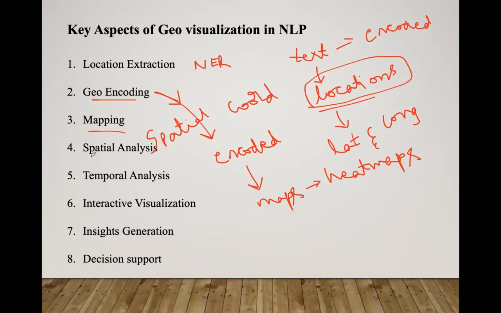Next, the fourth one is spatial analysis. Geo-visualization in NLP frequently incorporates spatial analysis tools to investigate links between textual data and landscape.